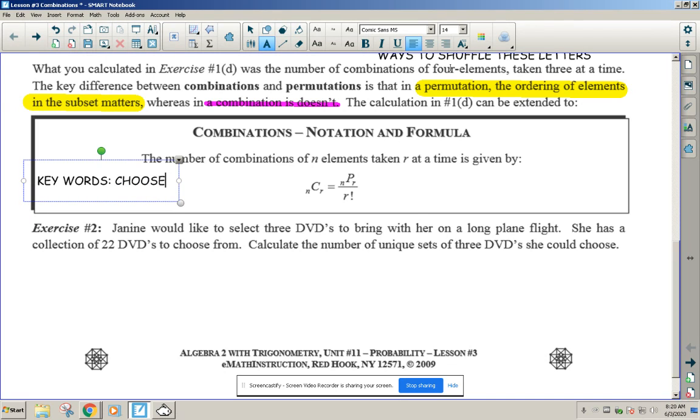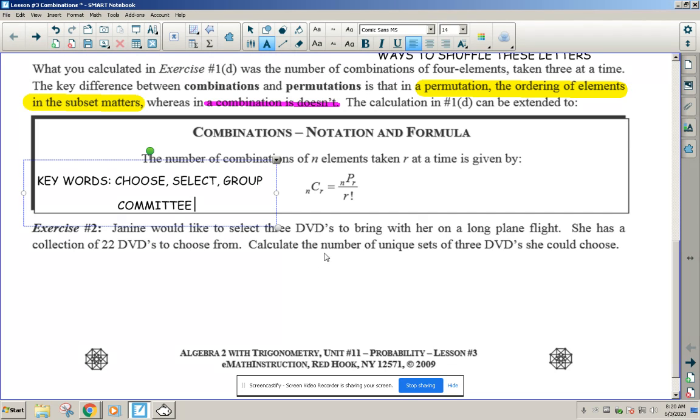You'll see the word select, and you'll see the word group for the most part. Many times, the word committee. I think I spelled committee wrong. Let me see. Nope, I didn't. Okay, good. So you want to look for these words.